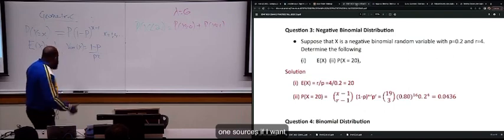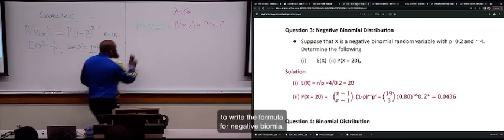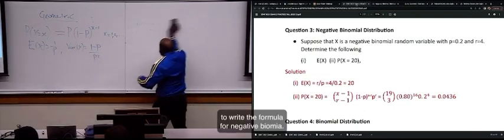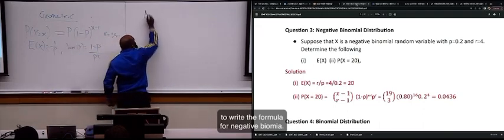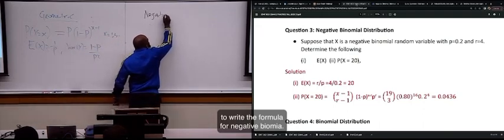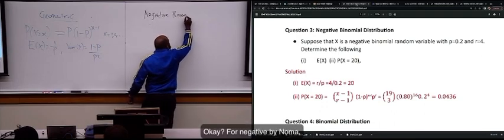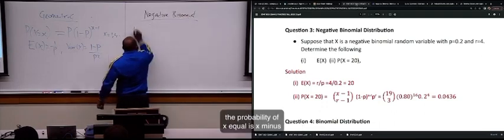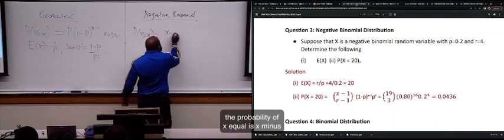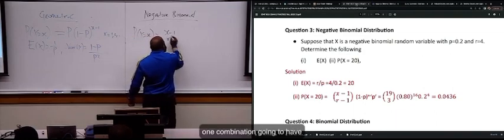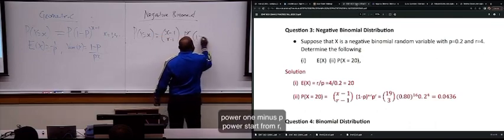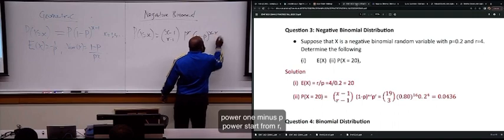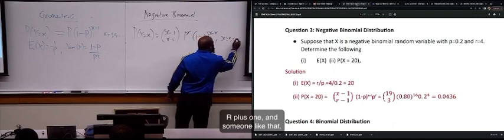If I want to write the formula for the negative binomial, the probability of x equal to that is (x minus 1) combination (r minus 1), p raised to the power r, (1 minus p) raised to the power x minus r, with x starting from r, r plus 1, and so on.